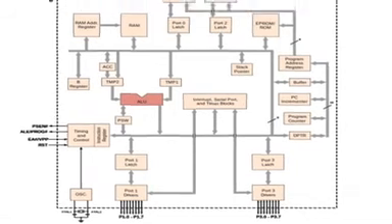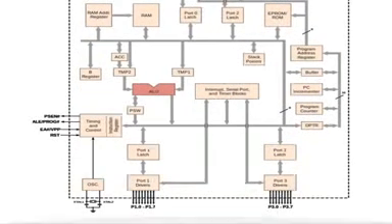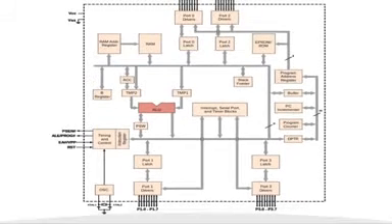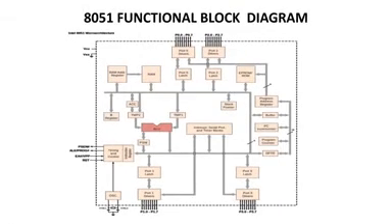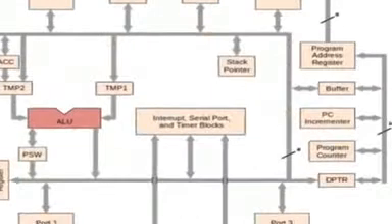From all these 4 ports we can interface different input output devices or perform any other input output operations. Next, the external address and data buses are formed only by using these port lines. Now after this we have one serial port.